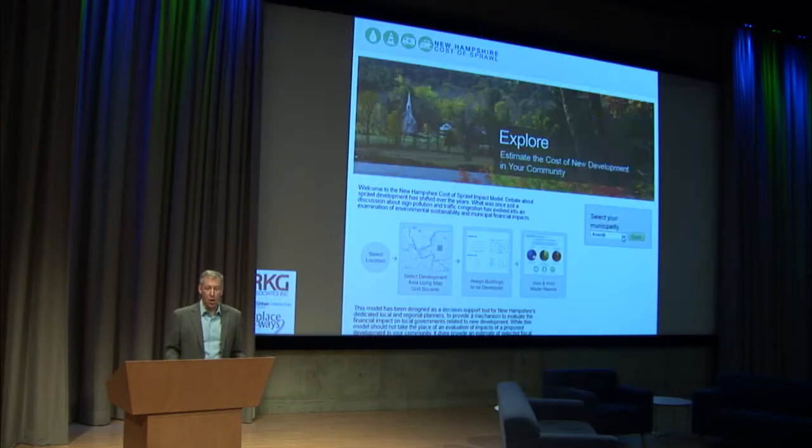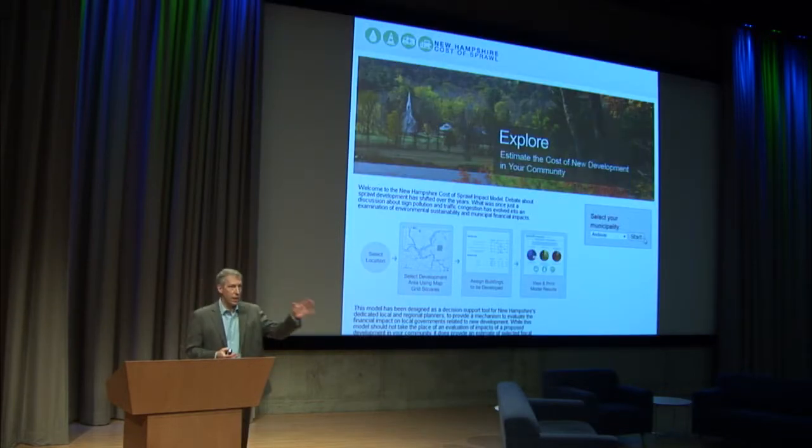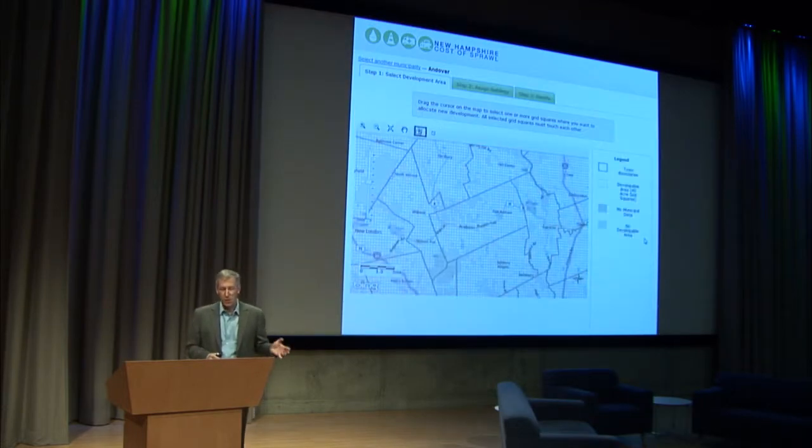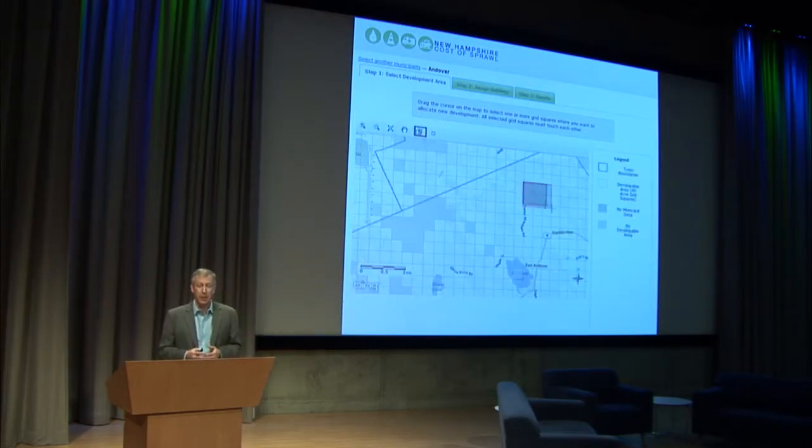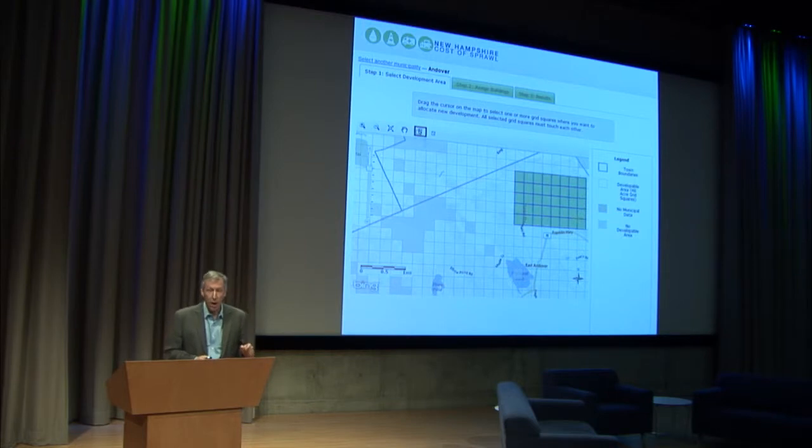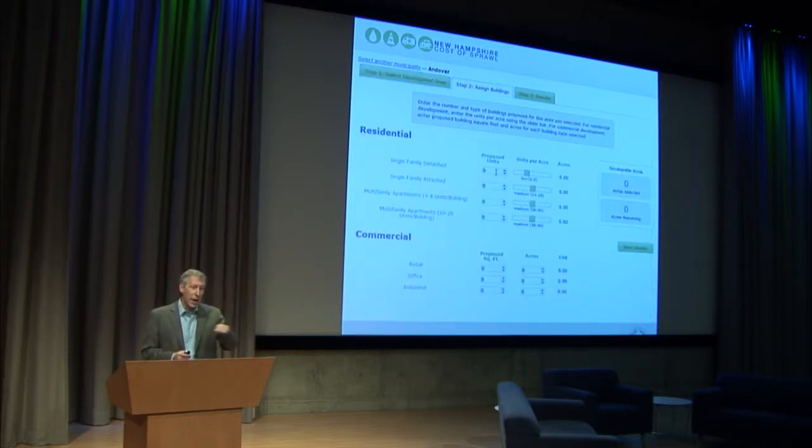Of course, you can go all out cloud. And we've seen lots of tools, we're going to see more. This is one we've been involved with that's been getting a lot of attention, New Hampshire cost of sprawl. You can go anywhere in New Hampshire and sketch a site plan.